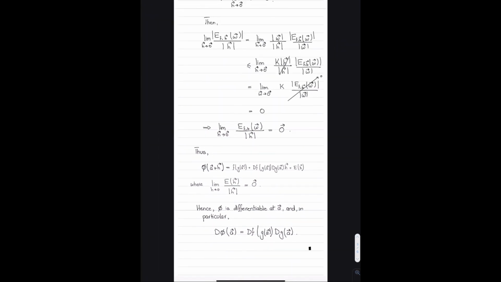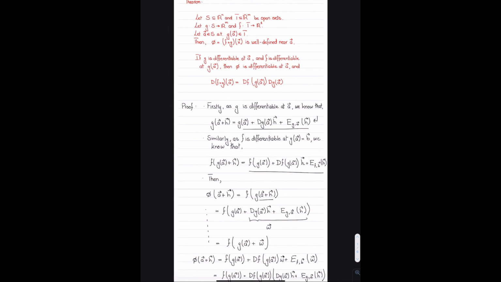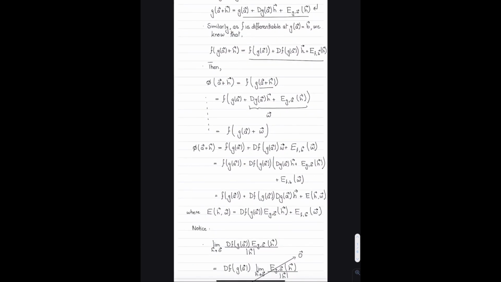So yeah, that's pretty much it. As I said, it's not really a complicated proof. It's just very important that you keep track of all the error terms. It's more of an algebra kind of thing. So if you're stuck somewhere, it's probably because you're having some trouble keeping up with all the terms, or you made some algebraic error.